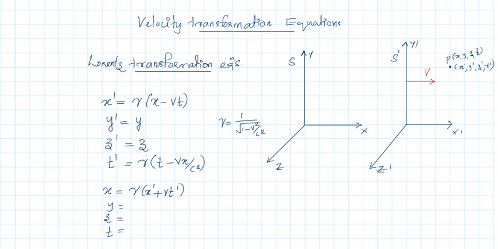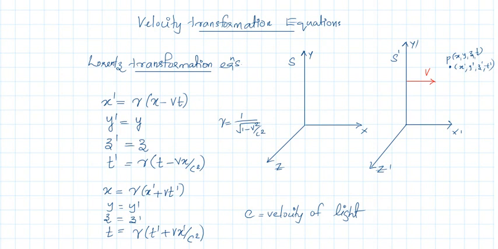The only thing you have to do is replace v with minus v, so minus becomes plus. So x is gamma (x prime plus vt prime), y is equal to y prime, z is equal to z prime, t is equal to gamma (t prime plus vx prime by c square). c is the velocity of light. So these are the Lorentz transformation equations and inverse transformation equations.